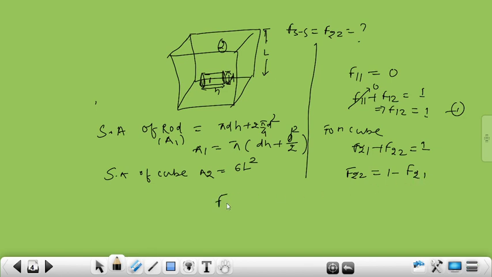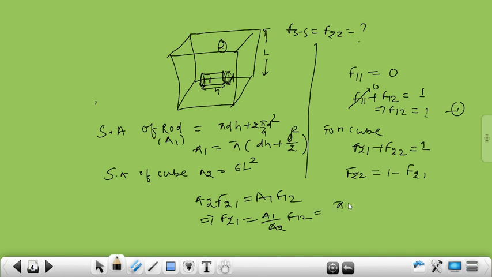So the view factor F21, by the reciprocal theorem, A2 F21 is equal to A1 F12. So F21 is equal to A1 by A2 times F12.